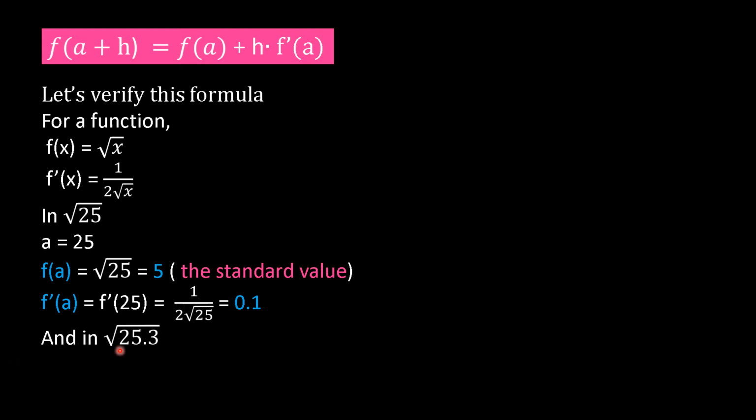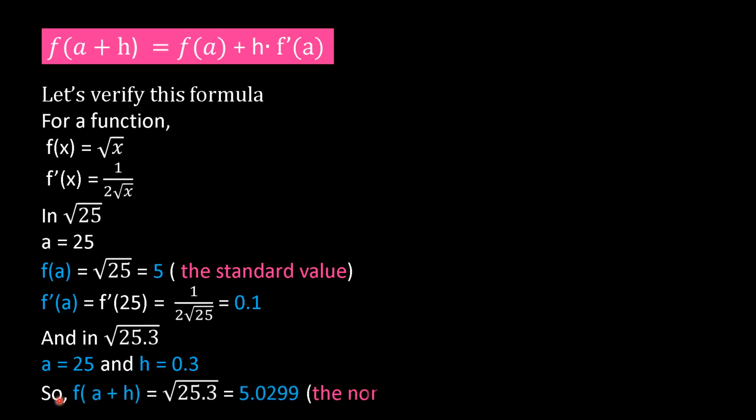And in root 25.3, a is 25 and h is 0.3. So f of a plus h becomes root 25.3, which by calculator is 5.0299. This is the non-standard value because we cannot find it directly.